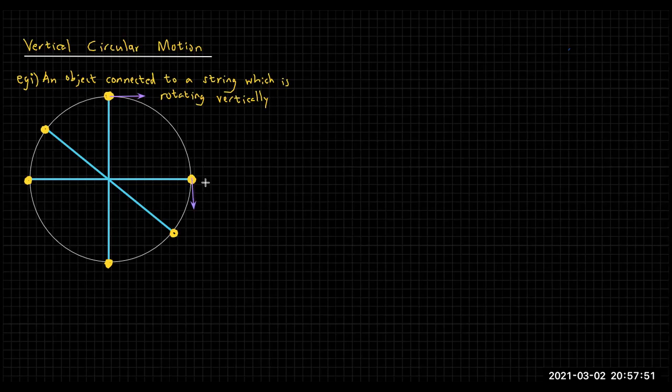Wait, no. Tangential velocity, I'll mark it a little outside this object like this, otherwise it will be confusing because I have to mark the forces as well. So what I have marked are the tangential velocities: v1, v2, v3, v4, v5, v6.